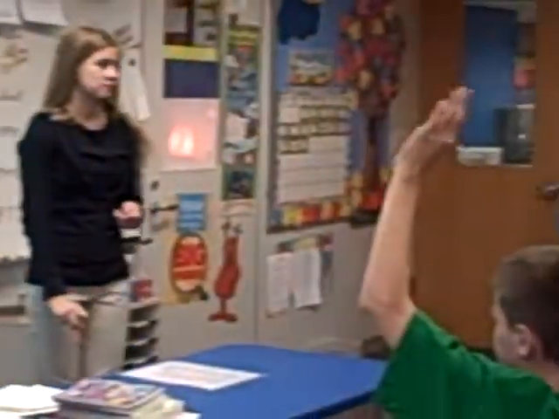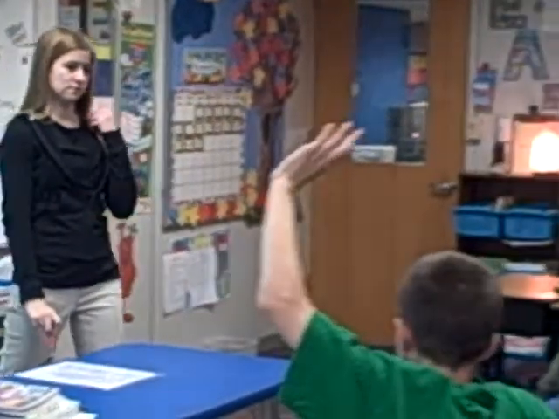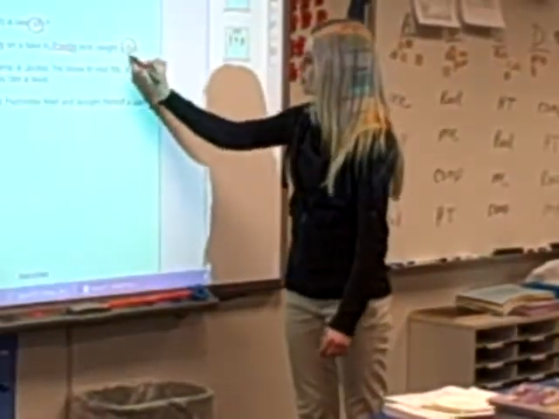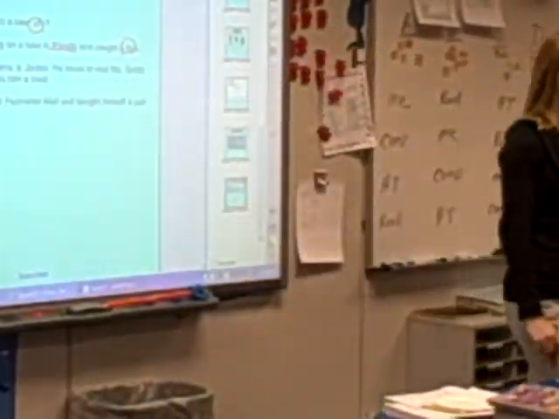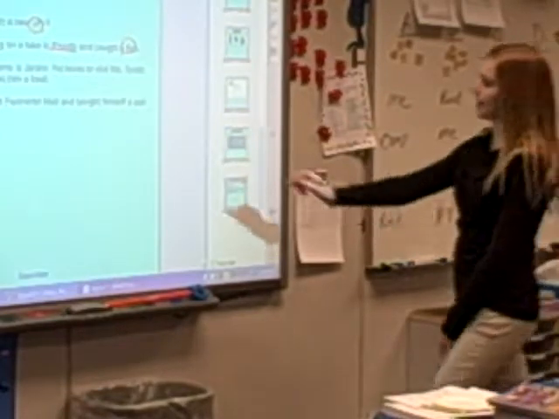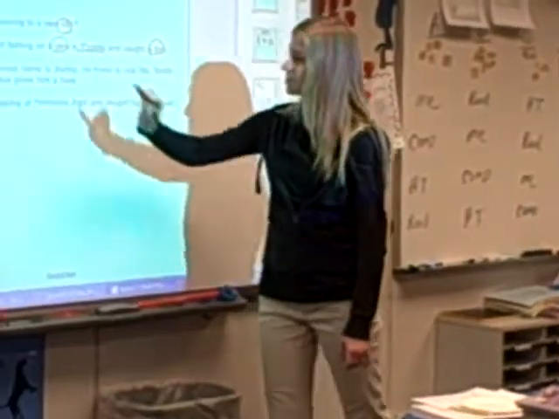Two more. Allie, do you see one? Fish. Is that common or proper? Common. One more. Lake. Common or proper? Common. Good job. You guys kind of get how the worksheet's going to look?